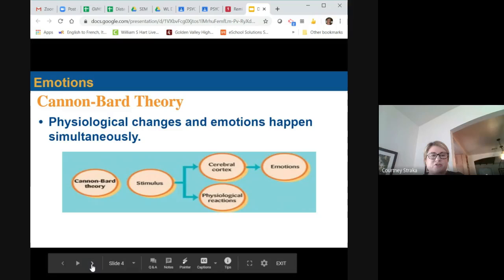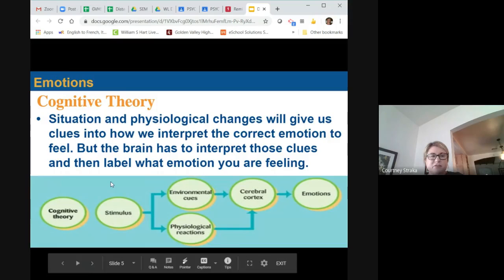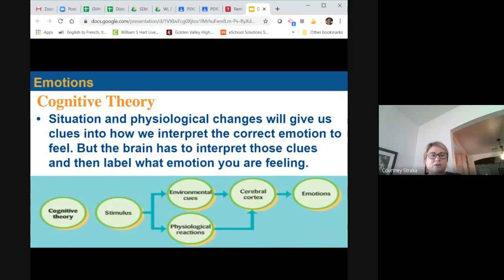And then the last major theory is the cognitive theory. What this one says is that the situation and physiological changes give people clues on how to interpret the correct emotion to feel. But the brain has to interpret those clues and then label the emotion. It's not automatic.